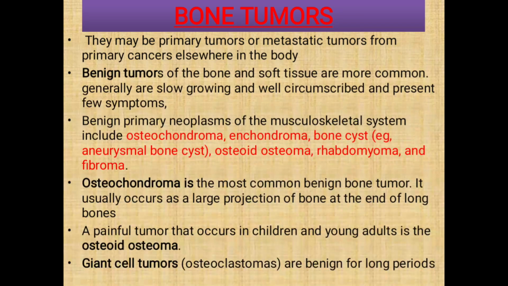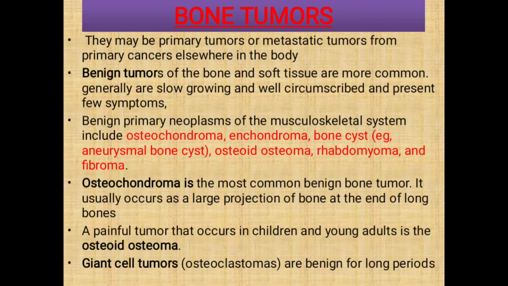Benign primary neoplasms of the musculoskeletal system include, first, osteochondroma or chondroma or bone cyst, e.g. aneurysmal bone cyst. Then there is osteoma, and there is rhabdomyoma and fibroma.